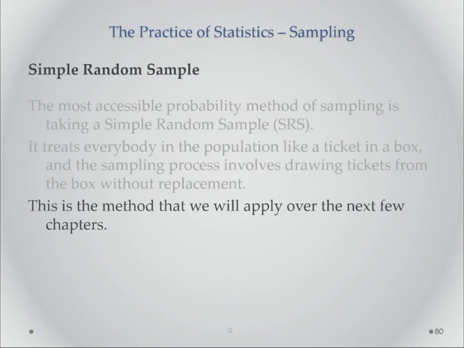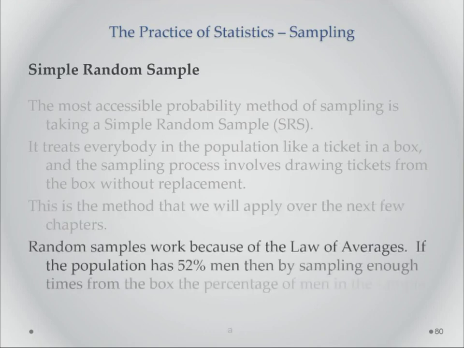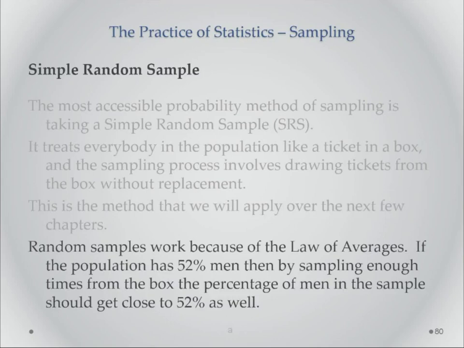Think of it as putting tickets in a hat and shaking it up, and everybody has the opportunity to pick a ticket. The reason it works so well is what we call the law of averages. The law of averages says that if you continue to sample from the population, then the averages you get in your sample are going to be very close to the averages of the population.